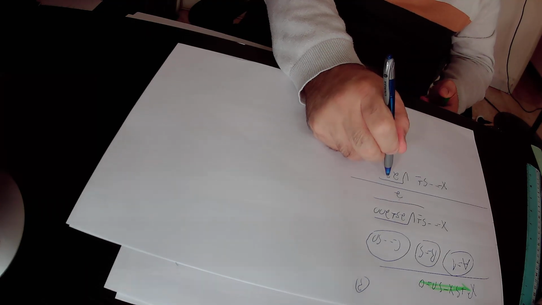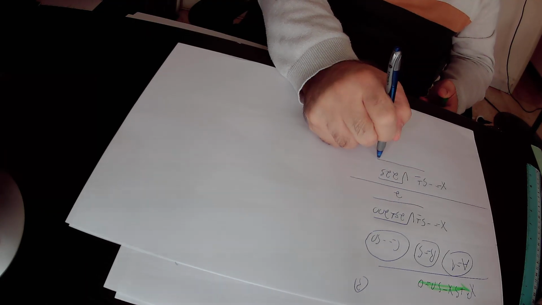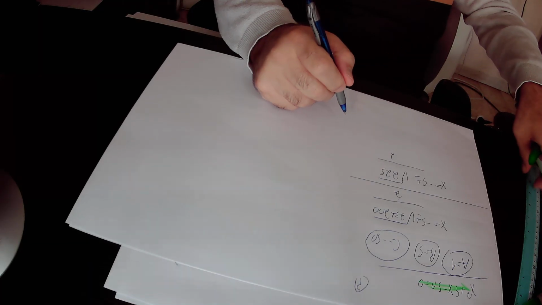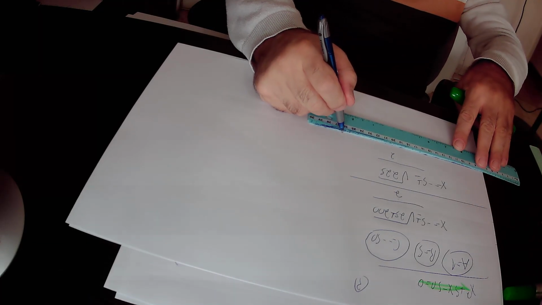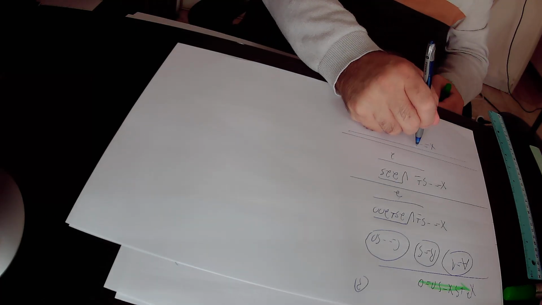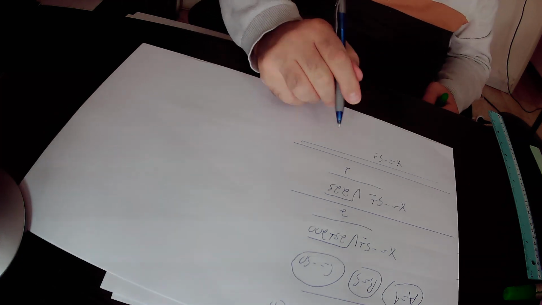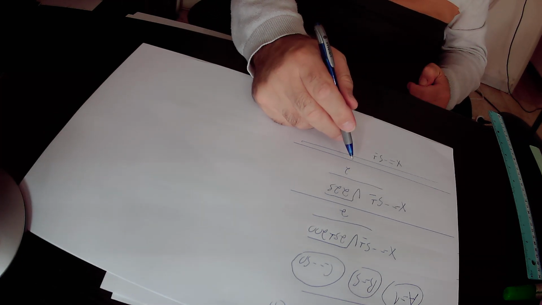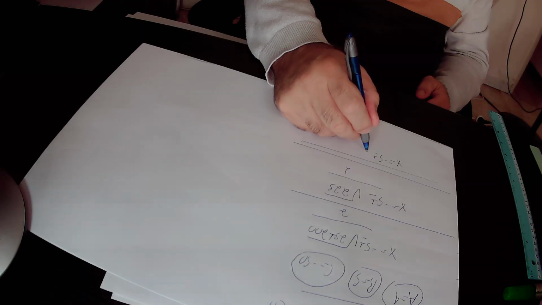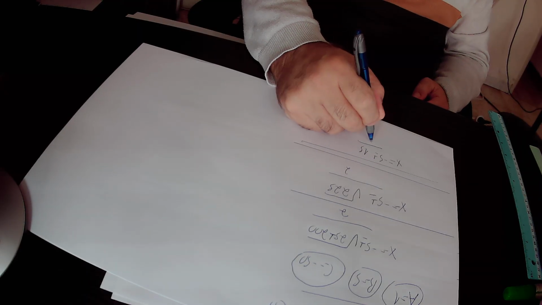So inside the root we are left only with 225, over 2. So in total we found that X equals minus 5 plus minus the square root of 225, which is 15, over 2.